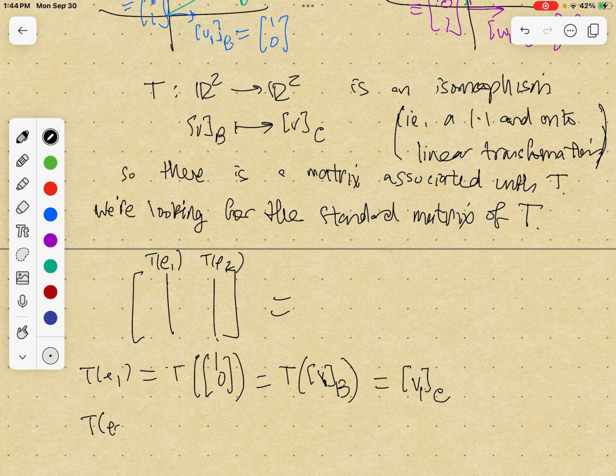And similarly, T of E2 is T of, by definition, (0, 1).